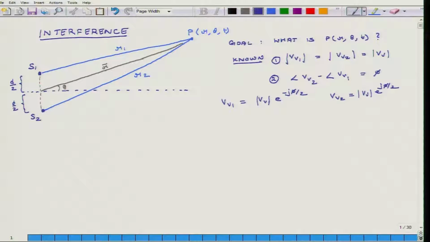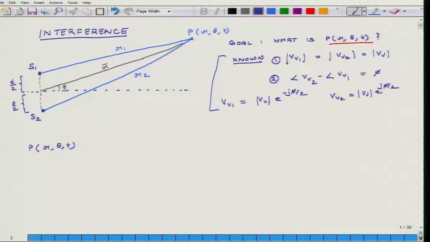So, with this knowledge we are interested in finding P(r, theta, t), which is the pressure at location r at an angle theta for a time t. So, we will write down this expression. Pressure at point P, and this is capital P because it is complex pressure.